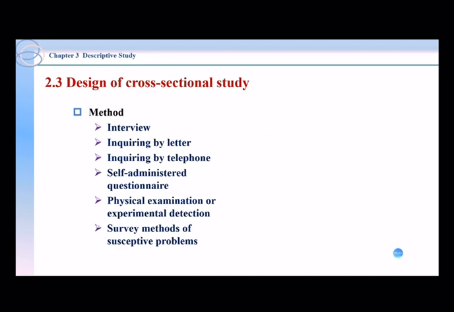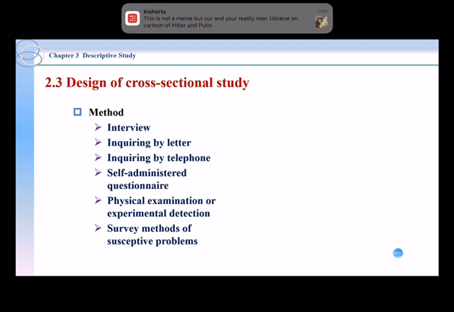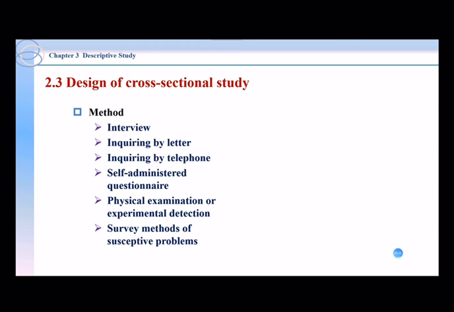And now let's look at the design of the cross-sectional study. In the cross-sectional study, we can use different methods to collect data. We can perform an interview, phone interview, or face-to-face interview. We can ask for participation by sending a letter, by calling them, or by using a self-administered questionnaire online.